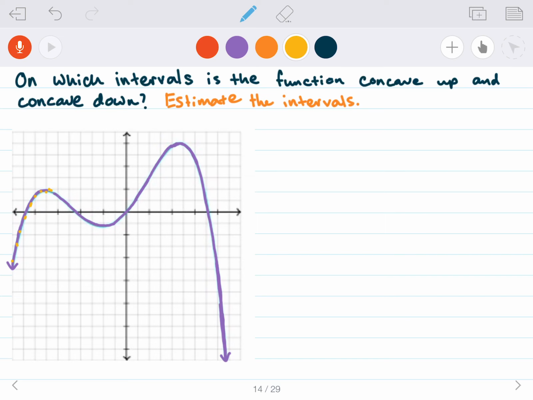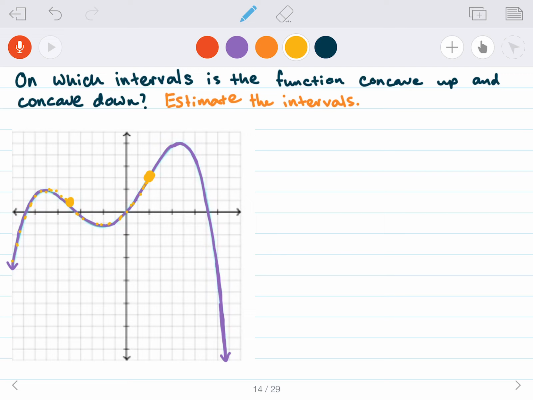I would say that maybe this is the point of inflection right here. I would say that's maybe where it starts to smile. Then it's smiling, smiling, smiling up until about, I would say here. I would say this is a good inflection point, where it changes from concave up to concave down. And then it just kind of frowns all the way.